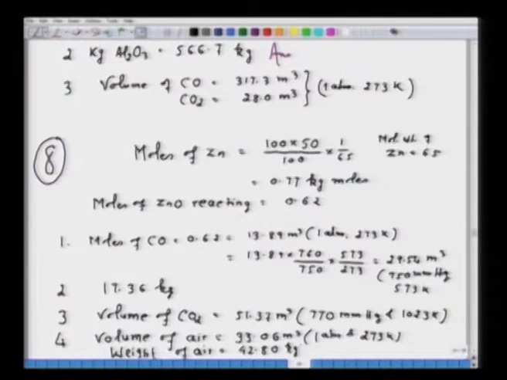So, with the solution of both these problems, the lecture on stoichiometry ends, and today I will again be starting with a fresh topic, that is thermochemistry, an introduction to thermochemistry.